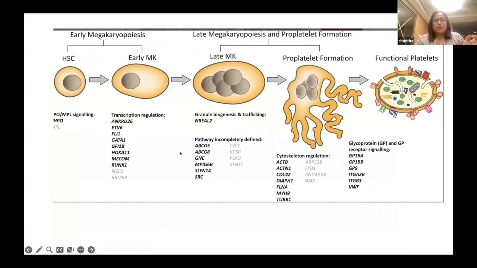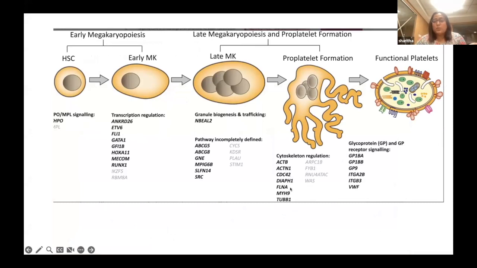As we go to the next image, we can see the different genes involved in every step of megakaryopoiesis. The genes highlighted in bold letters are the ones involved in the etiology of macrothrombocytopenias. The major ones would be ETV6, FLI1, GATA1, RUNX1, ABCG5, ABCG8, and actinin-1.